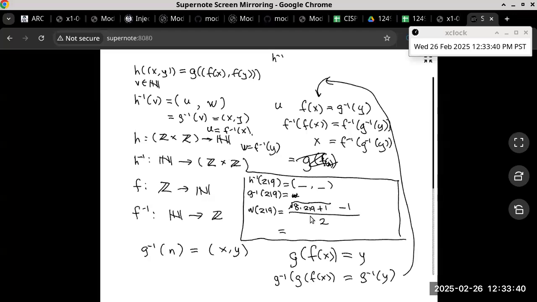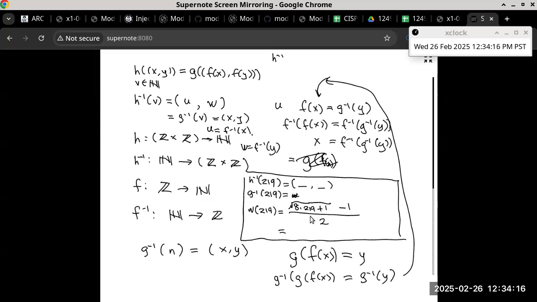If you have a calculator, I'm just going to cheat with a calculator. You are allowed to bring a calculator, even a graphing one, which is more fancy than you actually need, but it doesn't hurt. So we have 8 times 219, the whole thing plus 1, take the square root, subtract 1, and then divide by 2.